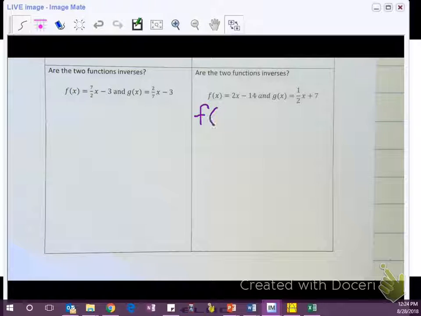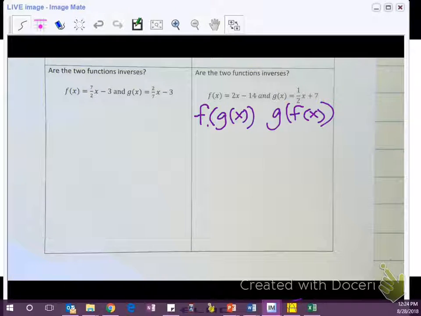f compose g of x, and I have g compose f of x. Right? So we're going to take the function g, and we're going to stick it into f.